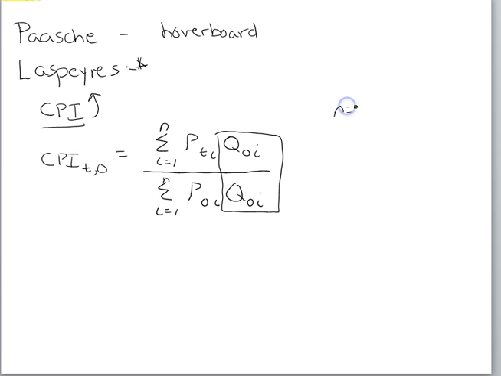Let's say n equaled 4. We could have expenditures on food, housing, medical care, and maybe energy.